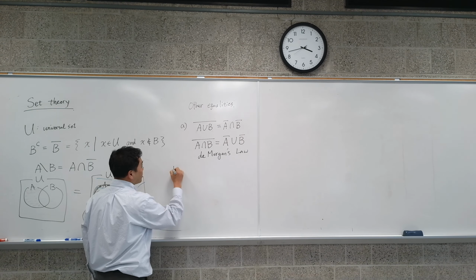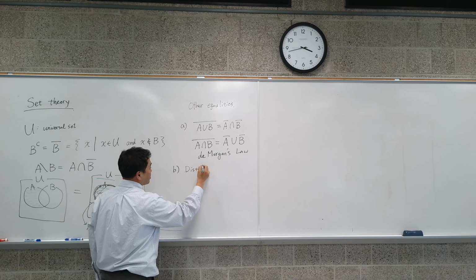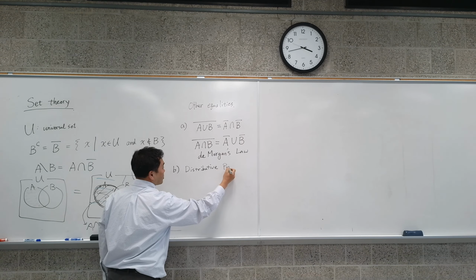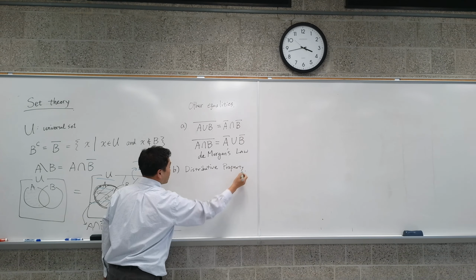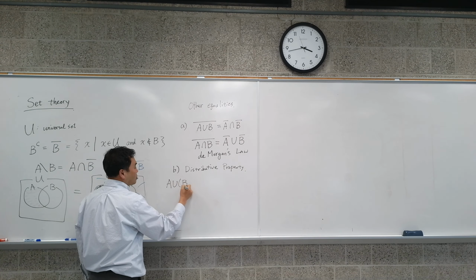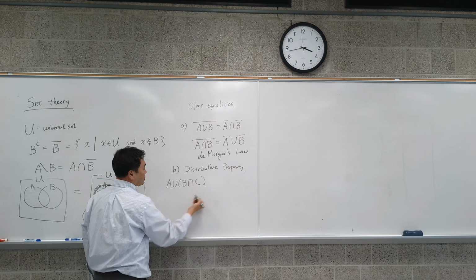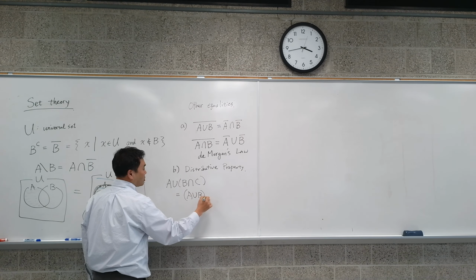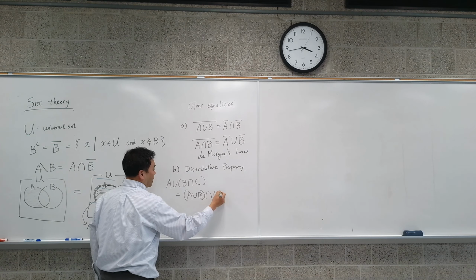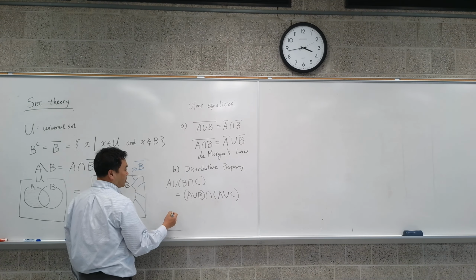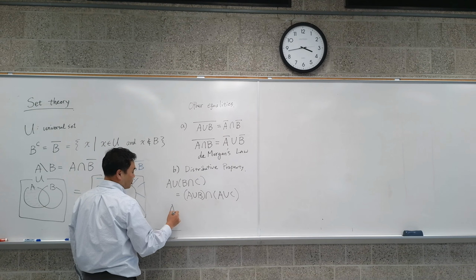Okay, then there's a distributive property, which is that if you have A union B intersect C, that's equal to A union B intersect A union C. And then you can also switch this around.